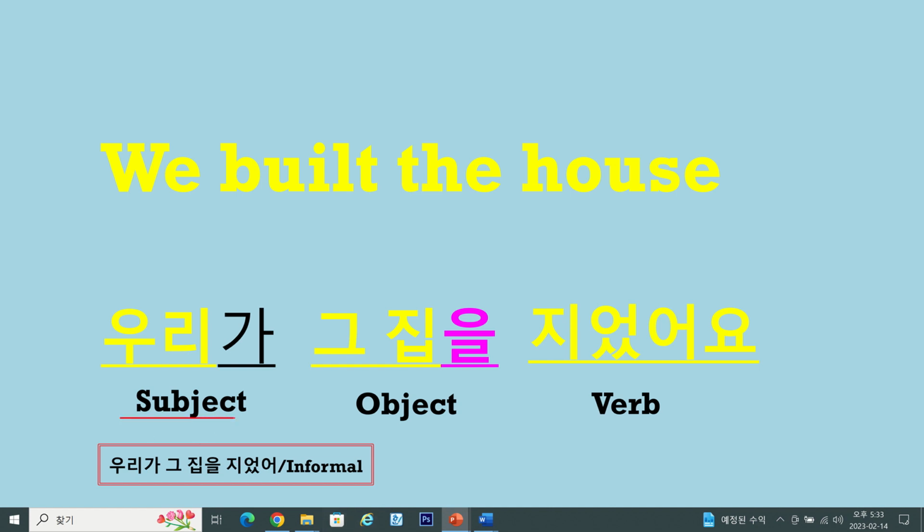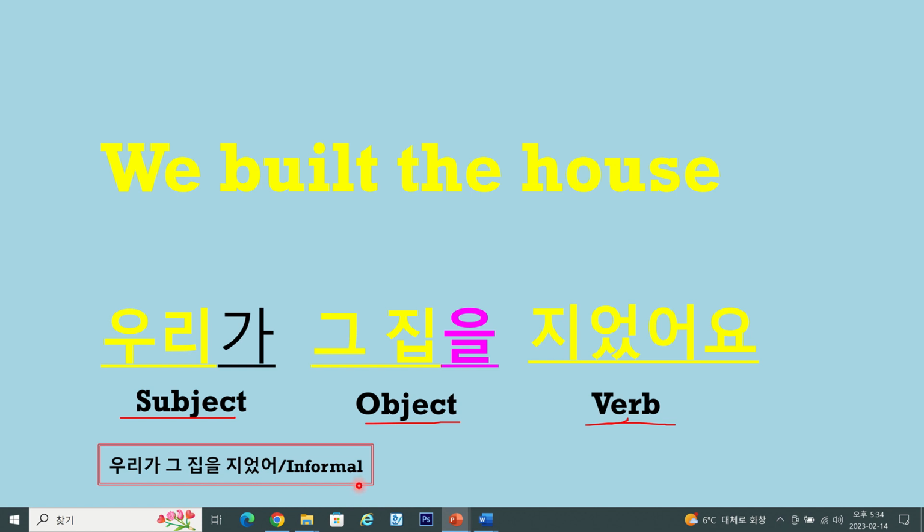It's Korean order. 우리가 그 집을 지었어요. It's formal. And 우리가 그 집을 지었어 is informal.